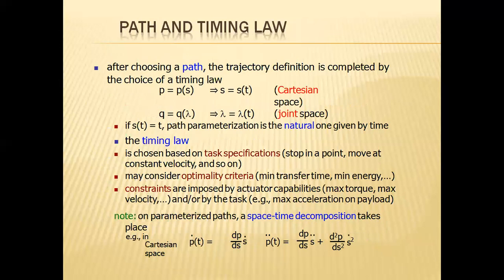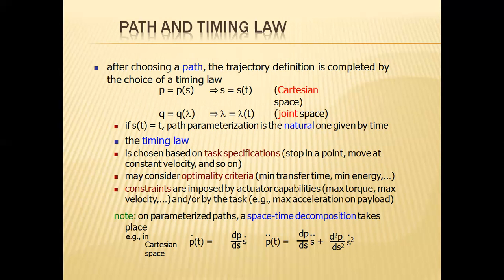So this is the path and timing law. After choosing a particular path, the trajectory definition is completed by its choice of a timing law. In the Cartesian system, p is equal to p of s, where p is the path, directly depending upon the displacement. s is equal to s of t, with respect to time, right?